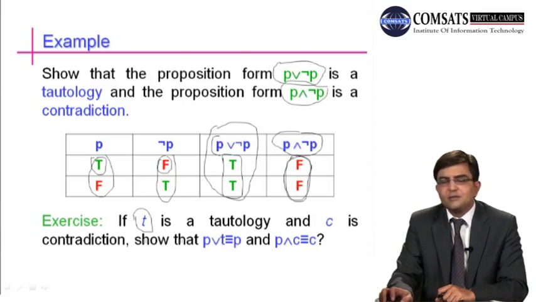So we can easily prove that P or T is equivalent to P and P and C is equivalent to C. I left these two equivalences as an exercise for you to prove yourself.